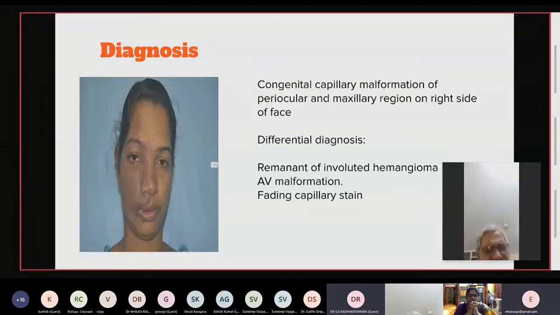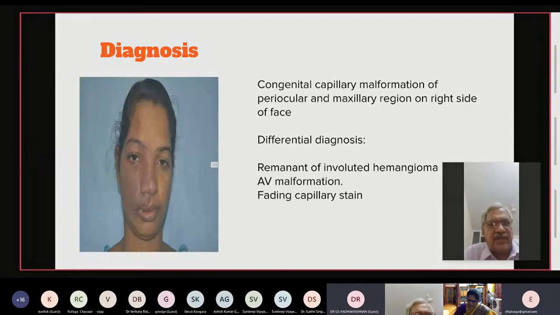Both the lesions may be present from the time of birth, sir. Fine, but do you get a history that this swelling has decreased in size? Do you see anything on examination to tell you that it is involuting? No, in history there is no regression of the lesion, sir. So that is in favor of capillary malformation.